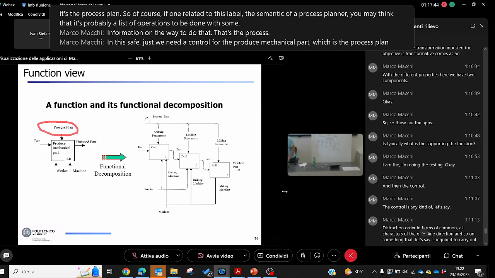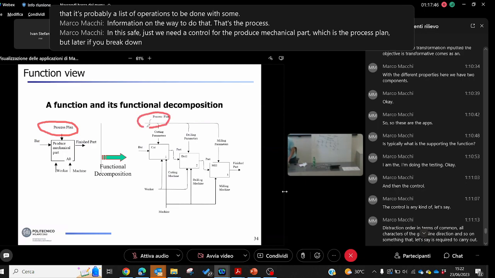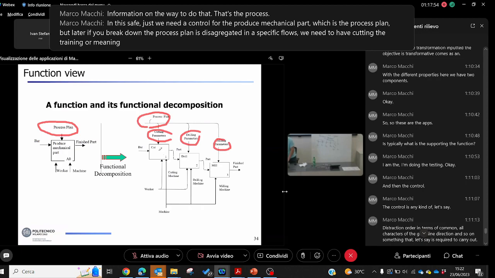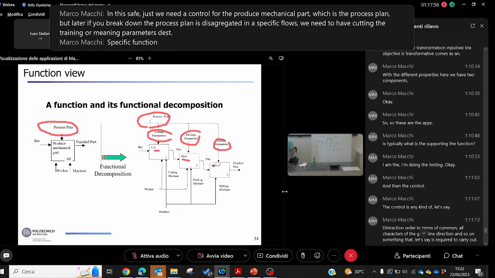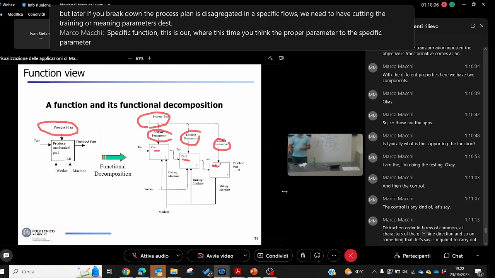But later, if you break down, the process plan is disaggregated into specific flows. We need cutting, drilling, or milling parameters destined for the specific function. Cut, drill, and mill. This is obvious, no? We are distributing the proper parameter to the specific function. This is not to enter into the example, but just to say that these flows are also detailed.